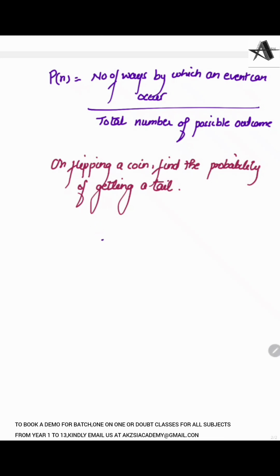So the ways by which I can get tail is 1, over total possible outcomes. I can get either heads or tail, so there are 2 possible ways. So 1 over 2. The probability of getting a tail would be half, and similarly the probability of getting head would be the same. I can get one head out of 2 total values, that is, out of heads and tails.